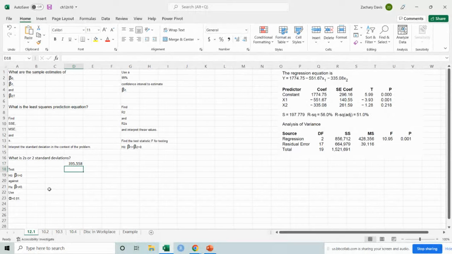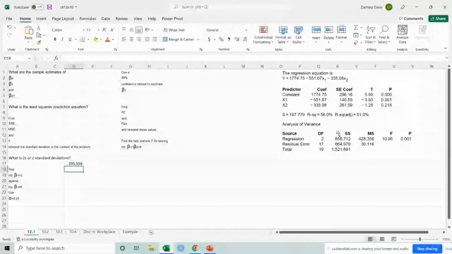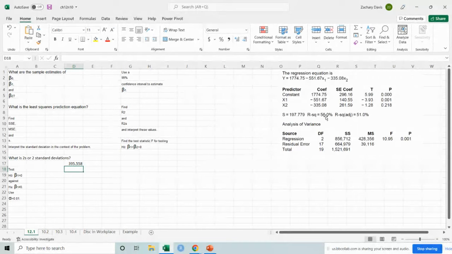Let's see. So r squared and adjusted r squared are usually given. So r squared doesn't have as much value in multiple regression because every time you add a new variable to multiple regression, your r squared will go up, so it's inflated. So what we do is we adjust that r squared for each variable that we add.